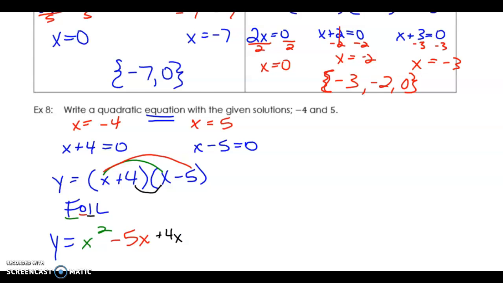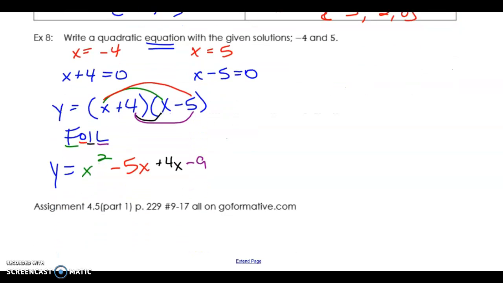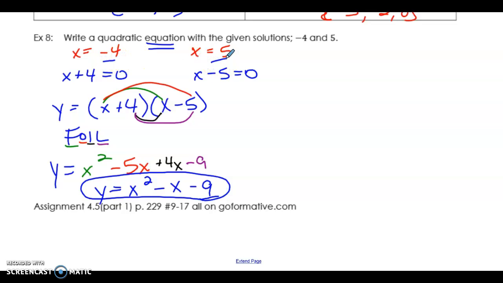And then last, minus 9. So it's going to become y equals x squared minus x minus 9. Okay, if you went through and factored that, you should get the same answers, -4 and 5.